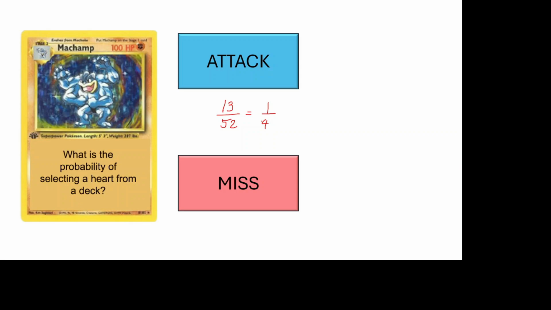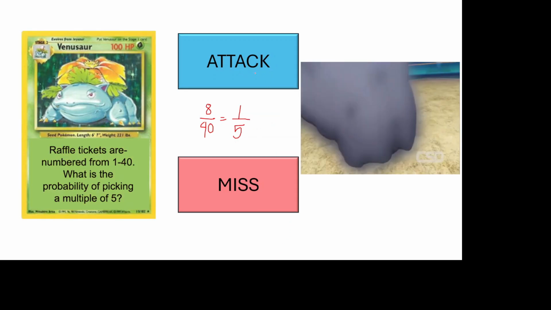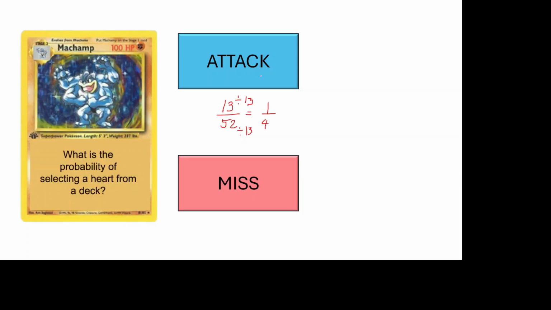For those who are still having a hard time with simplifying fractions, you just have to find the GCF, or the greatest common factor, of the numerator and the denominator, which in this case will be 13. So dividing both the numerator and the denominator by the same number, 13 divided by 13 is 1, 52 divided by 13 is 4. So if they were able to answer correctly, this is what they will see.